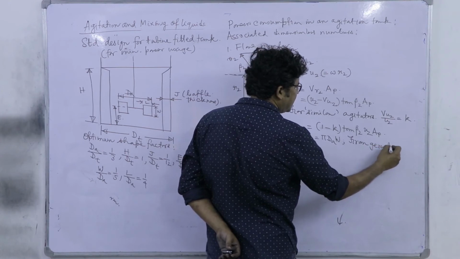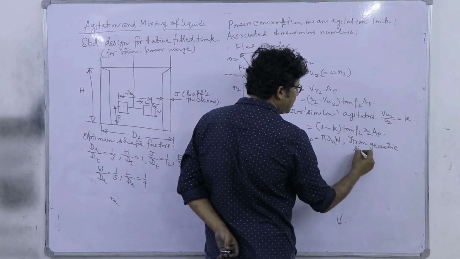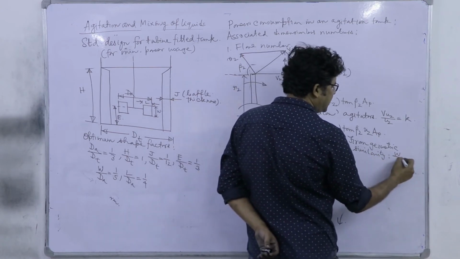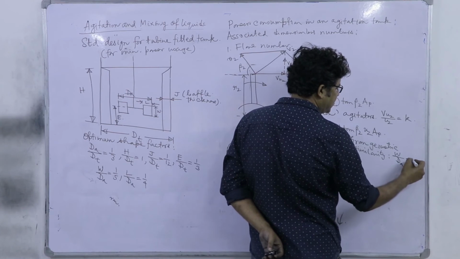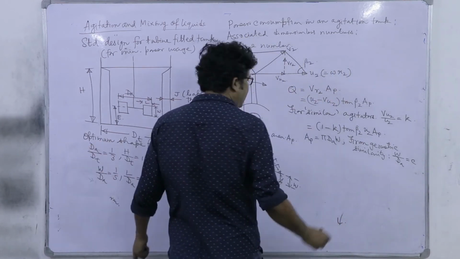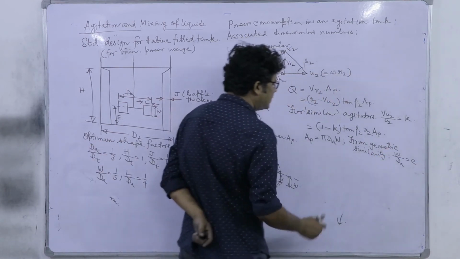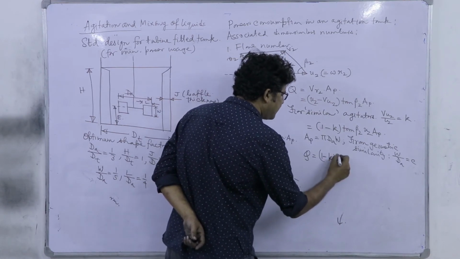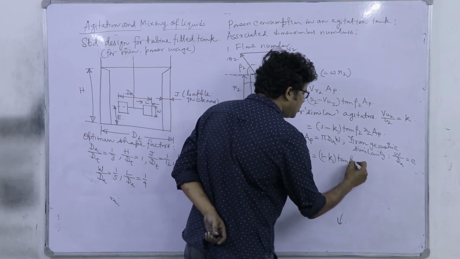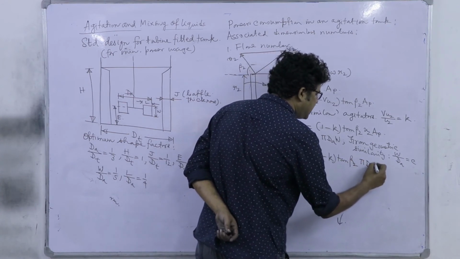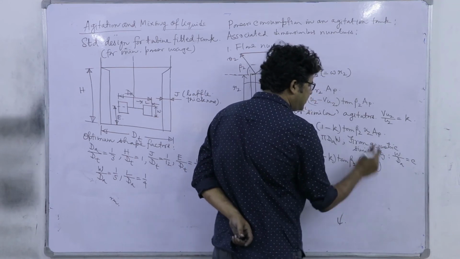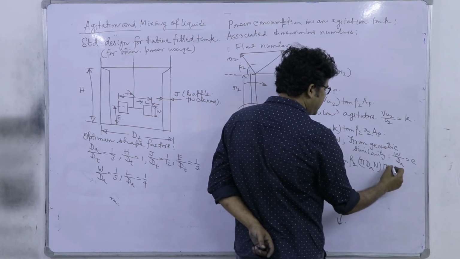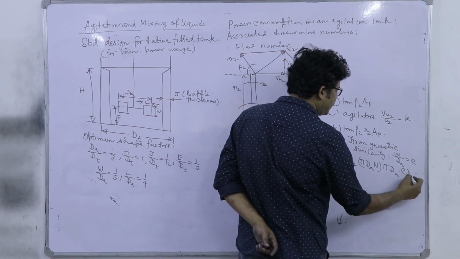and from geometric similarity, W by dA is also a constant, so it is C. Just like here in the standard design we had W by dA is constant. So, Q is 1 minus k into tan of beta 2 into pi into dA into n, right, which is u2 into this pi into dA into C dA.